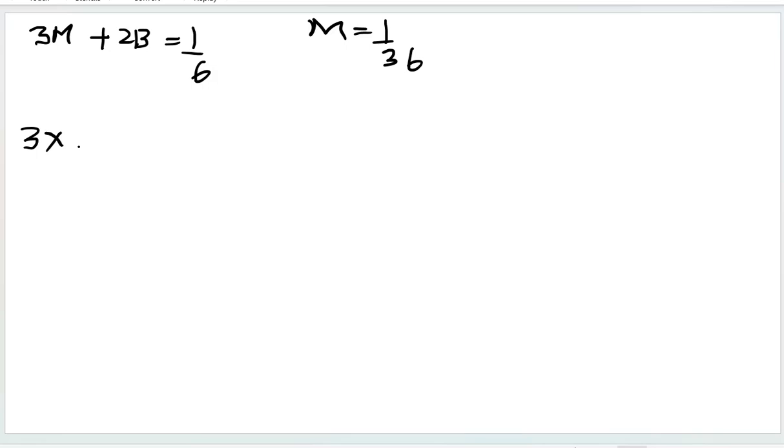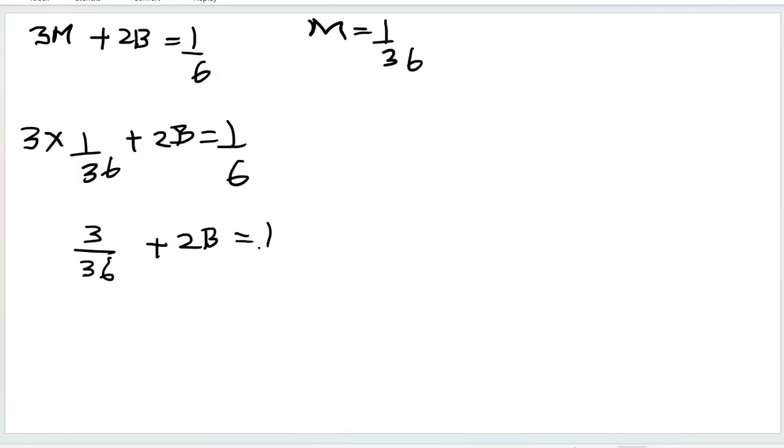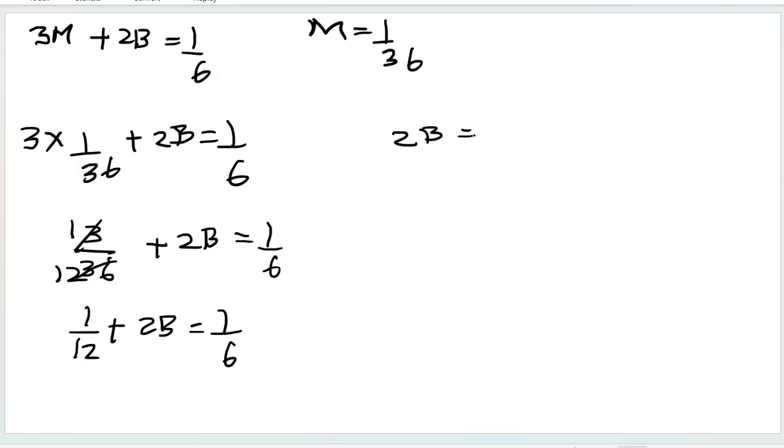So 3 into 1 by 36 plus 2b will be 1 by 6. This will be 3 upon 36 plus 2b is equal to 1 by 6. This can be cancelled. 3 ones are 3, 12s are 36. So 1 upon 12 plus 2b is equal to 1 upon 6. Therefore, I take 2b is equal to 1 upon 6 minus 1 upon 12. But I have to make this base same. So therefore, I multiply by 2.